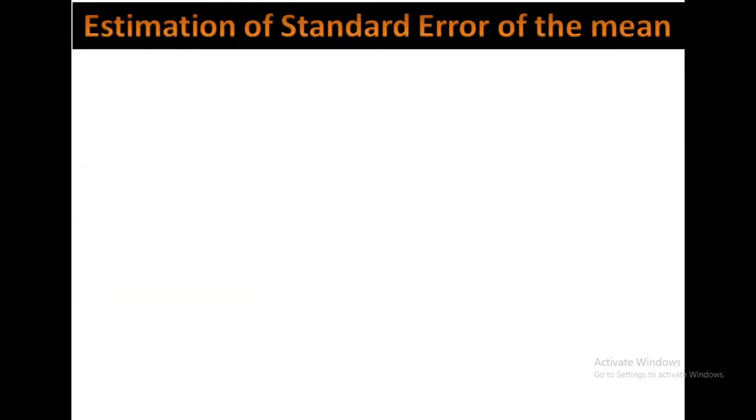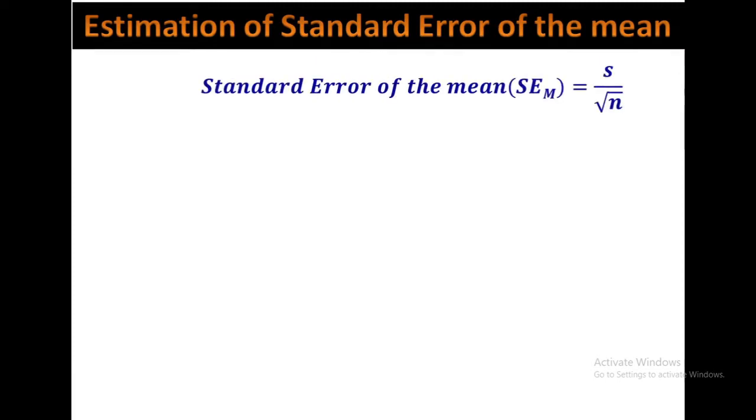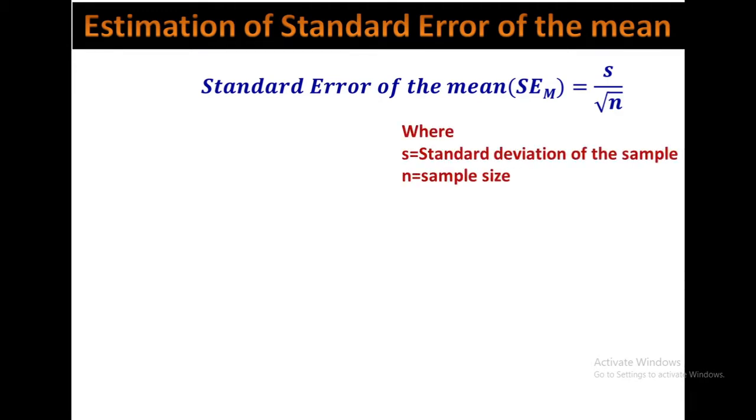Estimation of standard error of the mean. We should use the word estimation rather than calculation for standard error, as exact precise calculation is not possible for any kind of standard error. The standard error of the mean can be calculated as s over square root of n, where s stands for the standard deviation of the sample and n stands for the sample size.